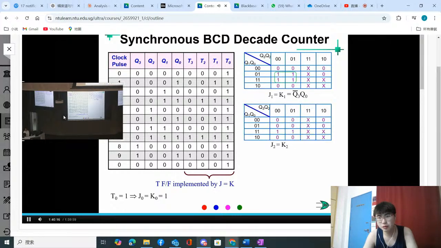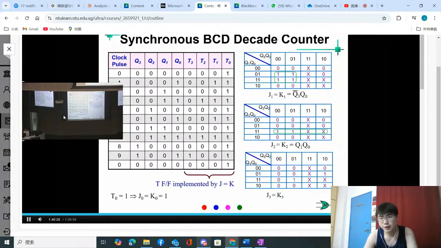So this is a state diagram. This is a K-map. After you generate the K-map, you also generate these inputs to the flip-flops. Then after that, what's the next step?